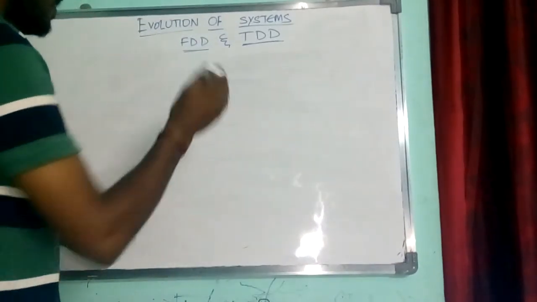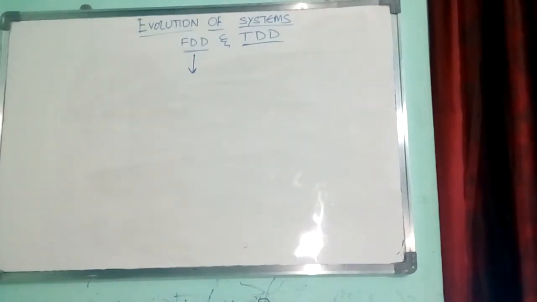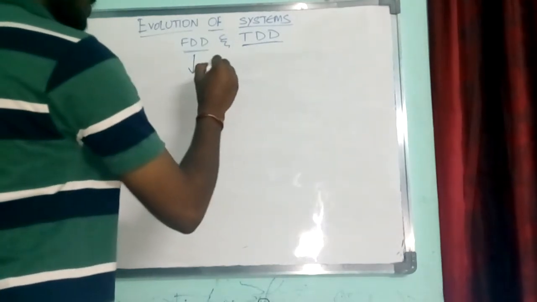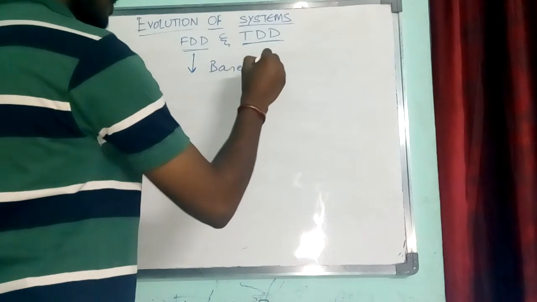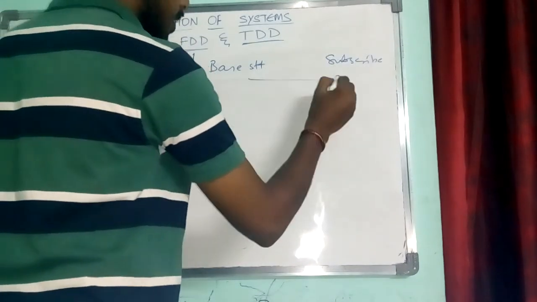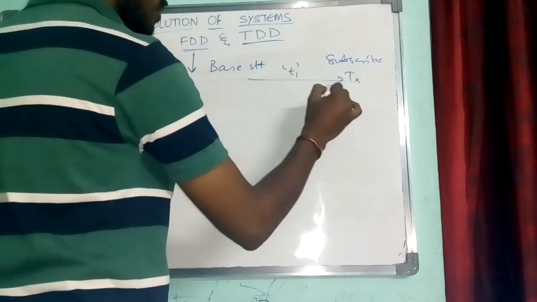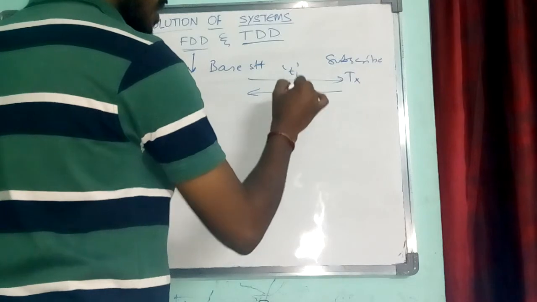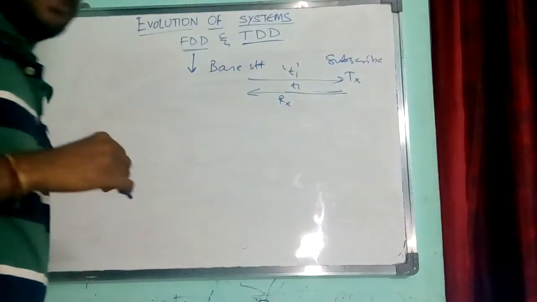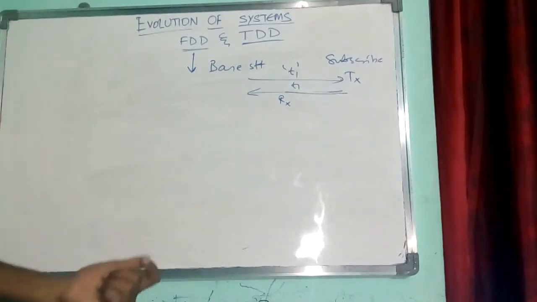When we have frequency division duplexing, both the base station and the subscriber unit can transmit at time instant t1 and receive at time instant t1. At the same instant of time, both can transmit and receive the signals.